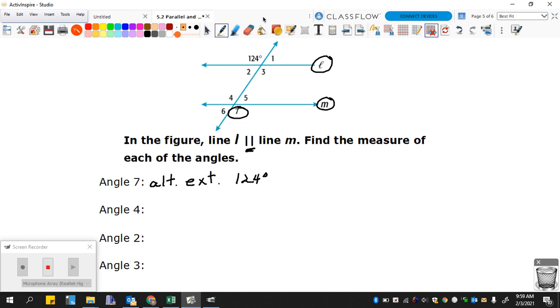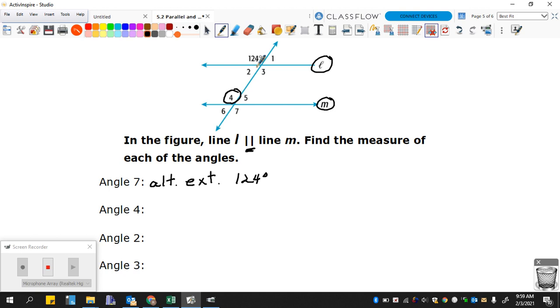All right. The next angle is angle 4. That's right here. So once again, 124 degrees is on the exterior. 4 is on the interior. So one exterior, one interior. We think corresponding, and so we check.